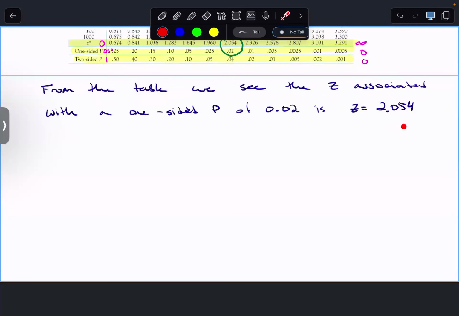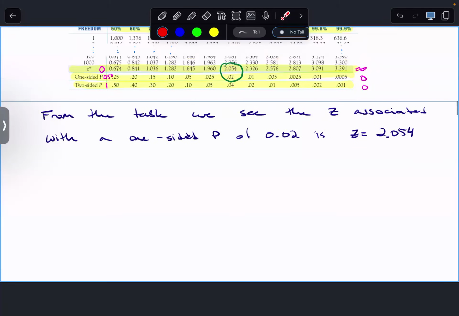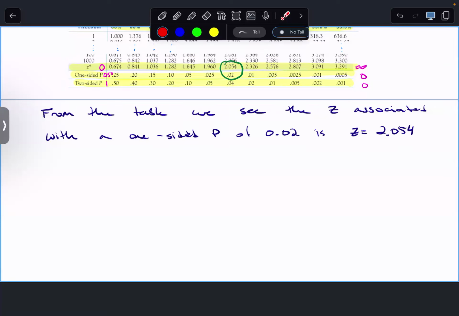This is another case where if you accidentally use 0.2, as long as you tell me that from the table we see that the Z associated with the one-sided P of 0.2 is 0.841, and then you followed through with that, that's just a minor slip up. That's not a big deal to me. As long as you follow through, it's half a mark off for those minor slip ups, but nothing crazy. So it's not game over. It's not over till it's over.